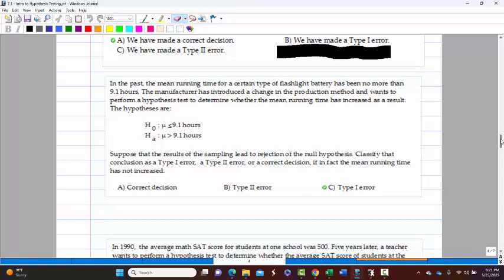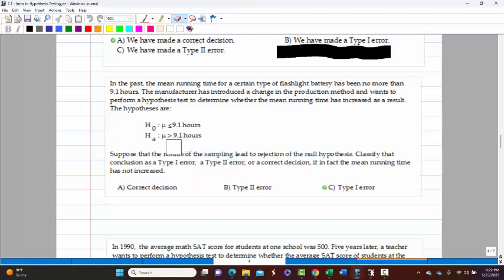All right, look at the next example. They give you the Ho and the Ha here. Want to determine if the running time has increased. In this case, increased would be greater than. So, rejecting the Ho in favor of the Ha. So this says, suppose that we led to rejection.